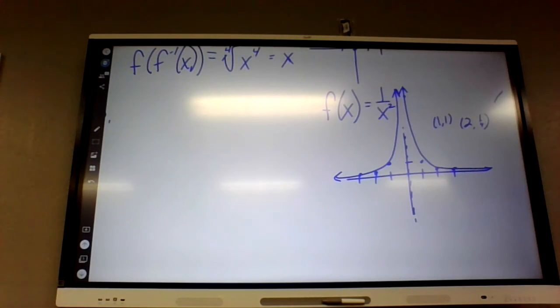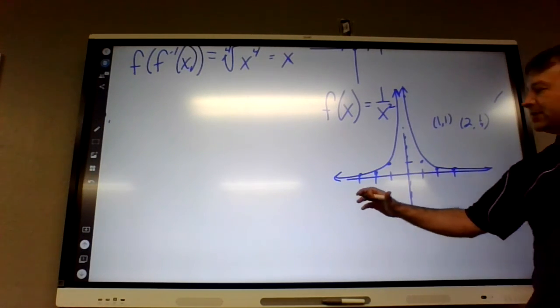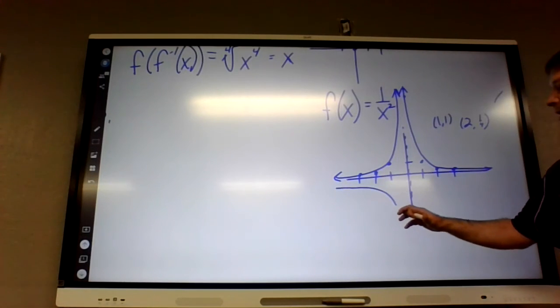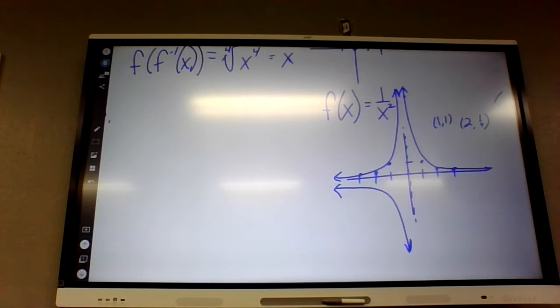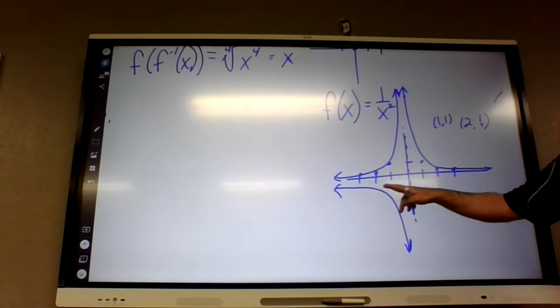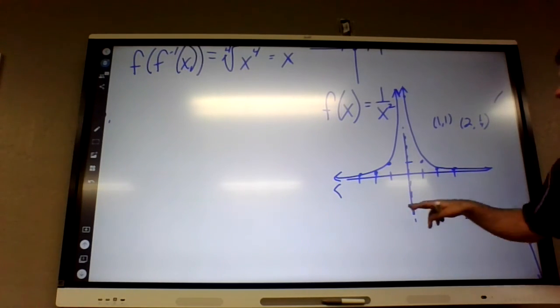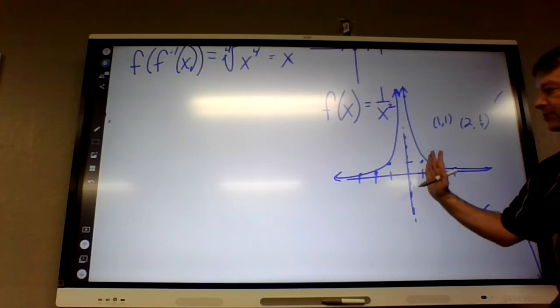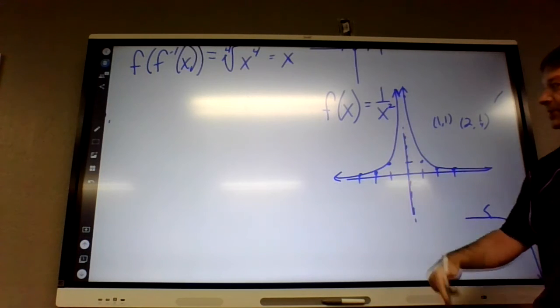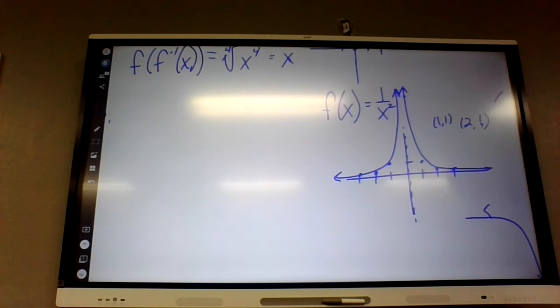If the function was 1 over x, the negatives would still be negative, so it would look more like this on the left side. But since the x squared is making everything come out positive, when you put in negative x values, we're getting positive still. All right.